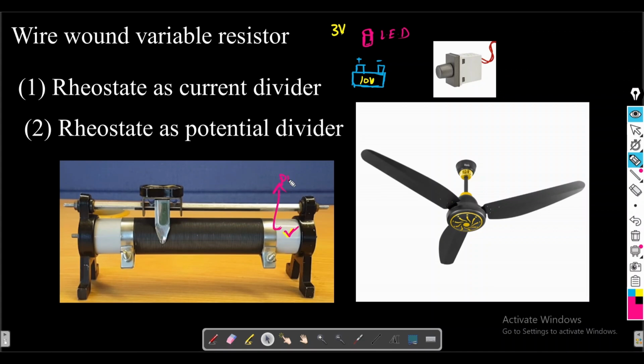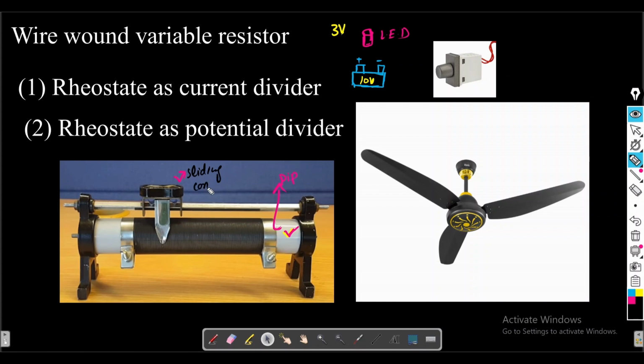This is the pipe, and this pipe is wound by a long wire. The wire which has the black color is wrapped around this pipe. Here we have this thing which is called the sliding contact.